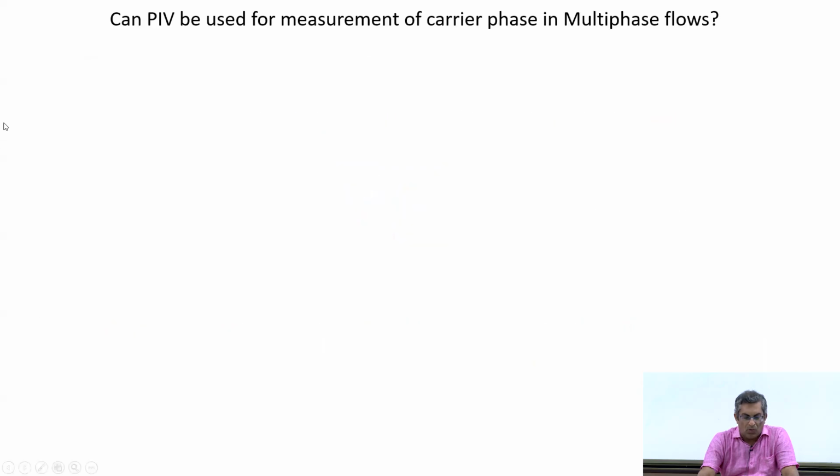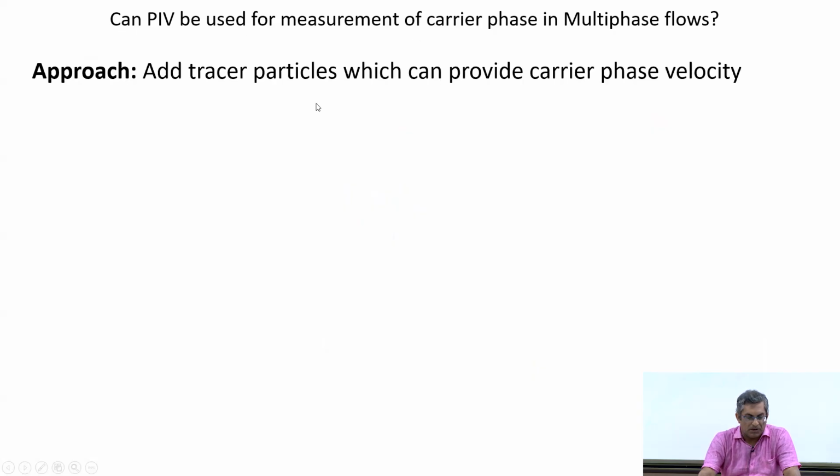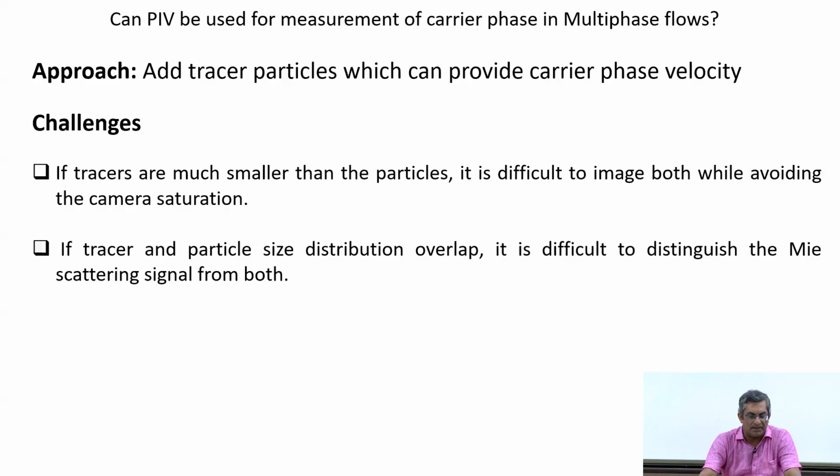Now the next question is, can we use PIV for measurement of carrier phase in multiphase flows? We posed the same question while discussing LDV and PDP. What should we do for this purpose? We can add some tracer particles which can provide the carrier phase velocity. But the challenge is that if we just add tracer particles, in your PIV image you will get both tracer particles as well as dispersed particles.